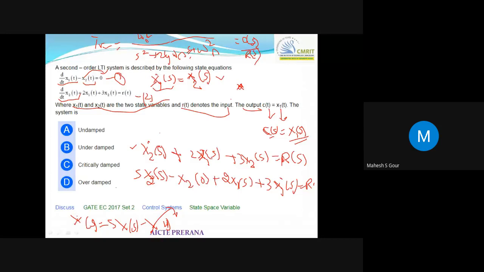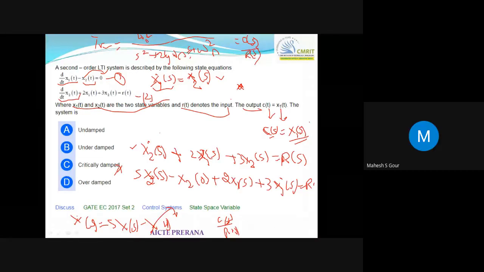You are listening. Okay. So what is the next step? It's pretty easy. So here is your x2, x1, x1 dot. Finally you want c of s divided by r of s. Till here it is clear: s into x2 of s minus x2 of 0 plus 2 x1 of s plus 3 x1 dot of s. It's clear till here? Yes, sir.